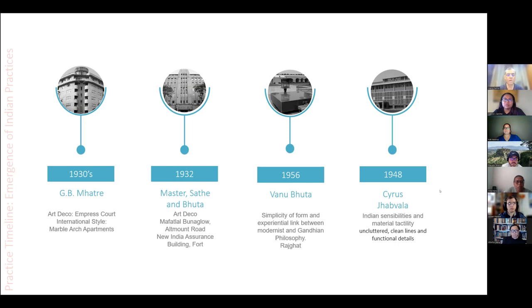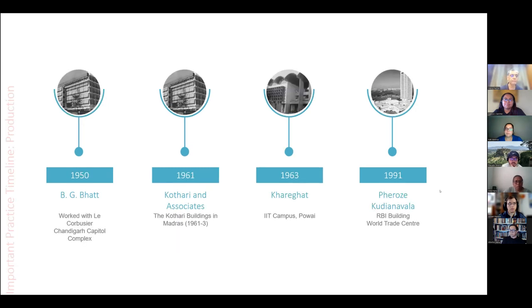And one of the prominent projects was Rajghat, based on Gandhian philosophy of simplicity of form. And in '48, we have Cyrus Jhabvala, who built lots of Indian institutes across India, again bringing Indian sensibilities, Indian motifs of architecture in India.